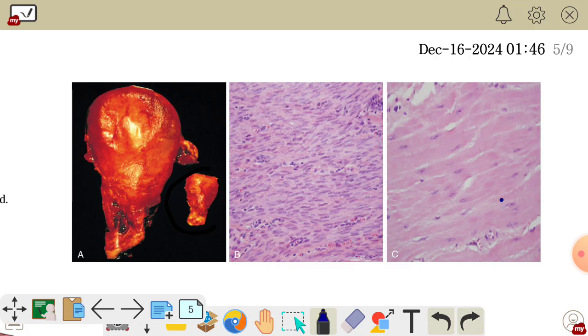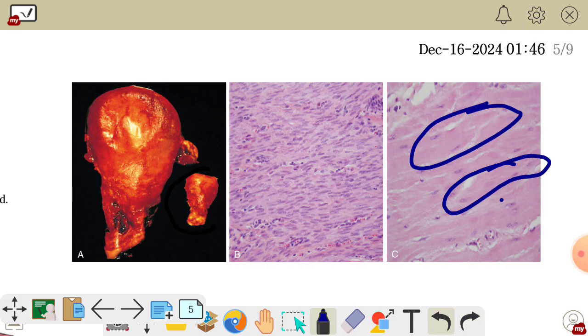We have these cells. This is in the normal uterus. Okay, so we have cells there which are small in size, but during pregnancy they will be hypertrophied. As we can see in these ones, we have large smooth muscle cells of the uterus which have been enlarged, so they have hypertrophied.